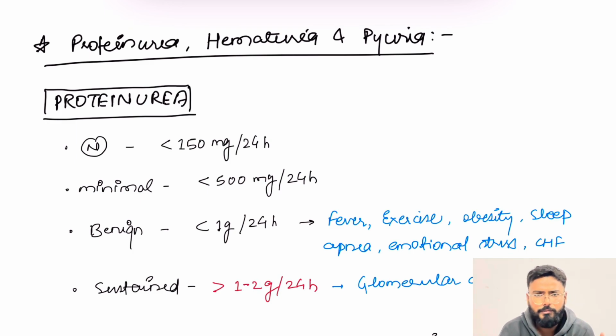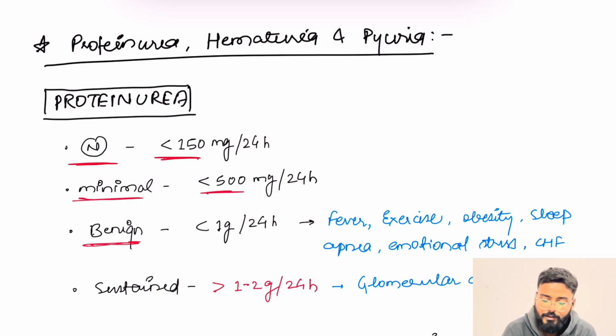The main three that we are going to discuss now are proteinuria, hematuria, and pyuria. Proteinuria is said to be normal when the amount of protein in the urine, in a 24-hour urine sample, is less than 150 milligrams. Minimal is less than 500. Benign is when it is less than 1 gram in 24 hours.